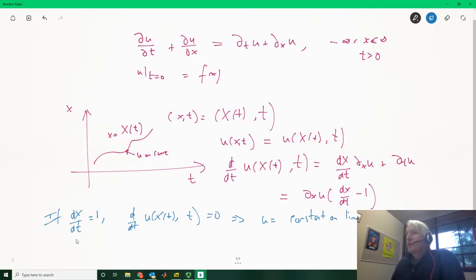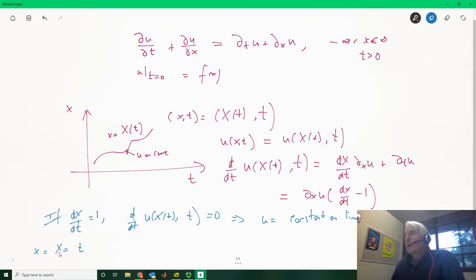So dx dt is equal to 1 means big X is t plus a constant. Right? So which is x equals x of t, right? So it's big X here, right? Function, which is t. We'd quickly move out of function into point mode.